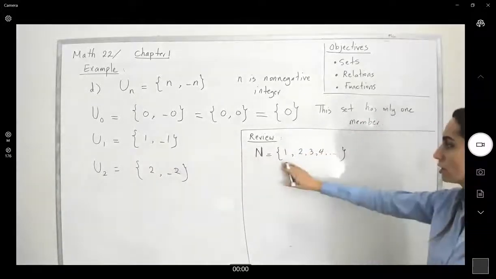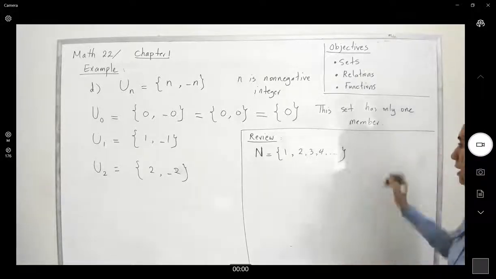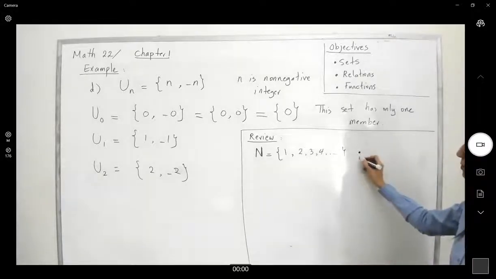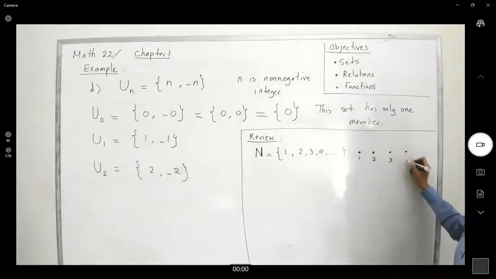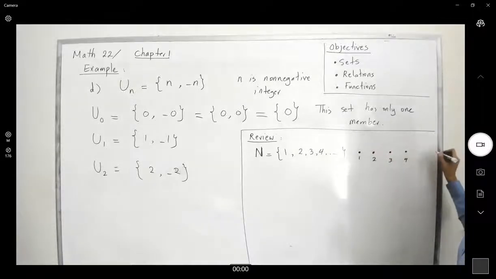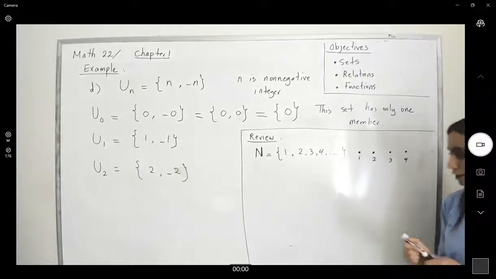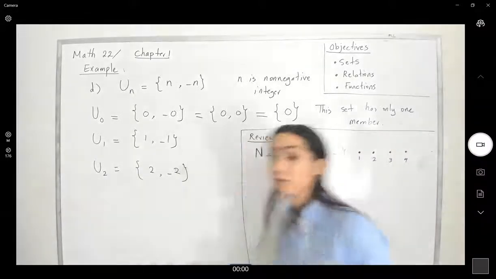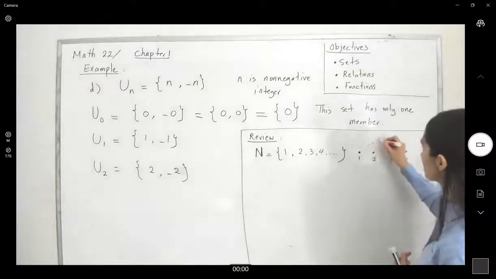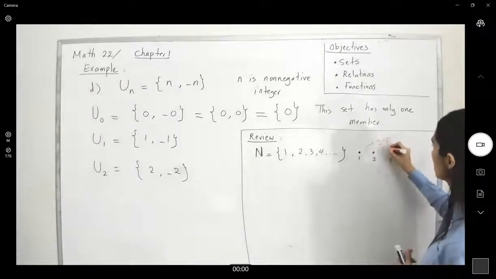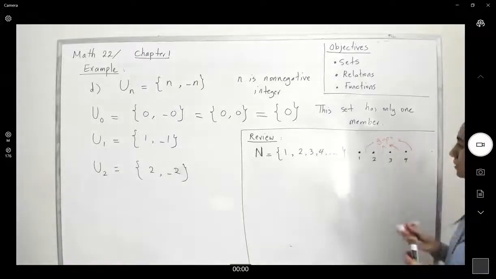If somebody asks you to graph this set, you say, I have 1, 2, 3, 4, 5, 6, and I have gaps in between these numbers. You cannot fill these gaps. These are all gaps between these numbers.